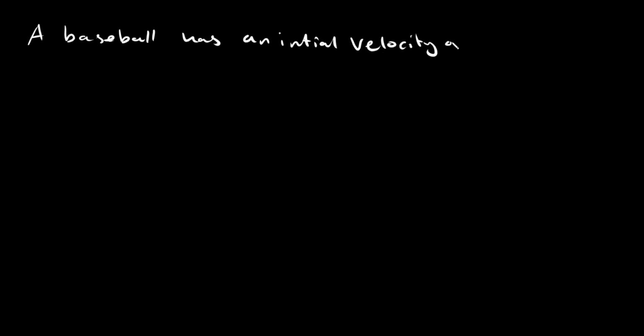A baseball bat has an initial velocity of 50 meters per second.